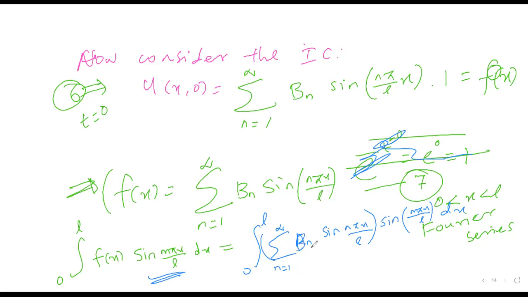So I can take the summation outside, since it depends on L. Summation n equal to 1 up to infinity, bn, integral 0 to L of sine n pi x over L into sine m pi x over L dx.